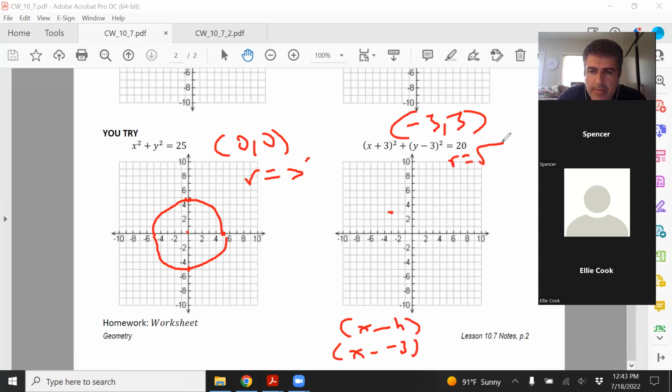And your radius is root 20, which is 4 point something. We'll say 4.5, I think. And there you go. Questions about that one?